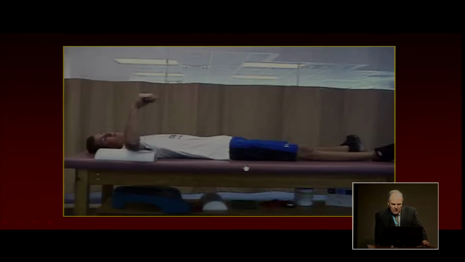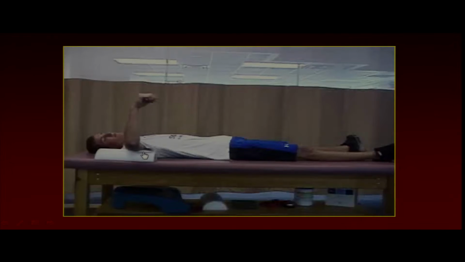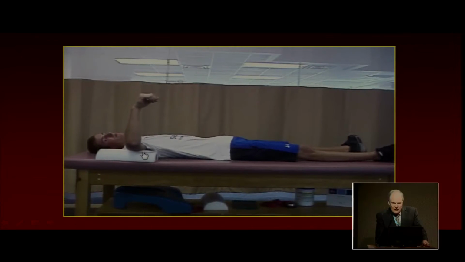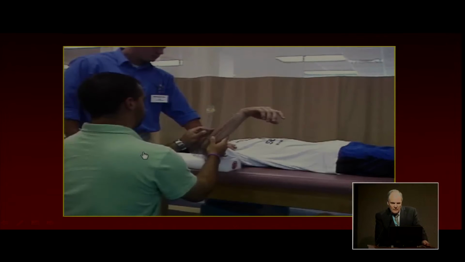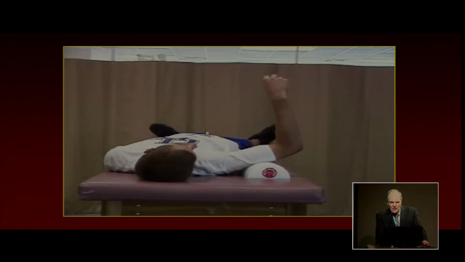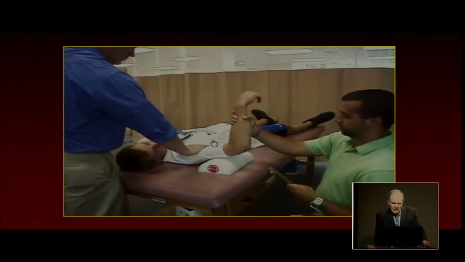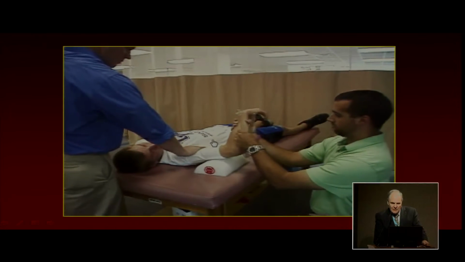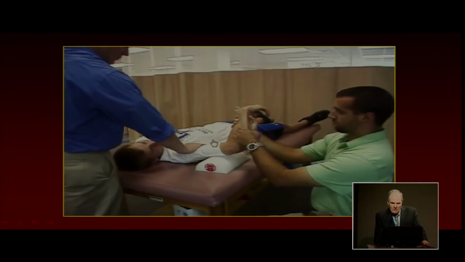You put your arm in the plane of the scapula by putting this little bridge here, and then you just stabilize them here. So we will have one hand stabilizing, one hand to tightness, and then there's your measurement, and we use a bubble goniometer. You just take it to that position and stabilize.